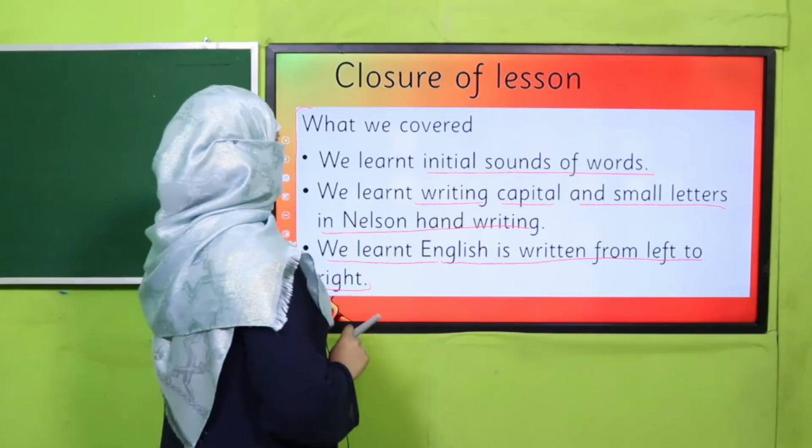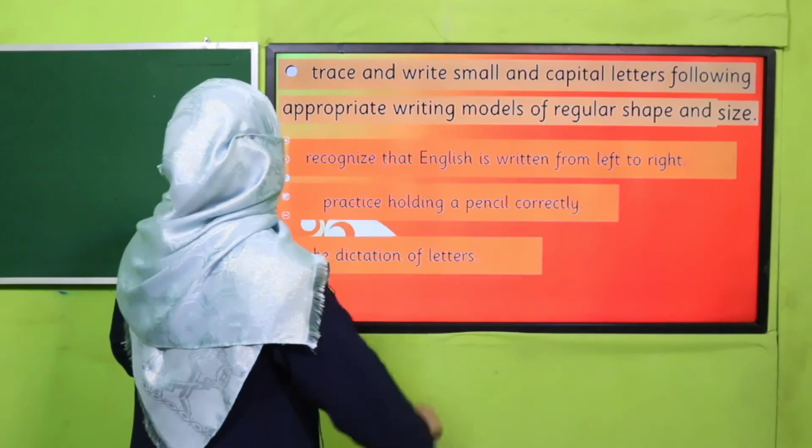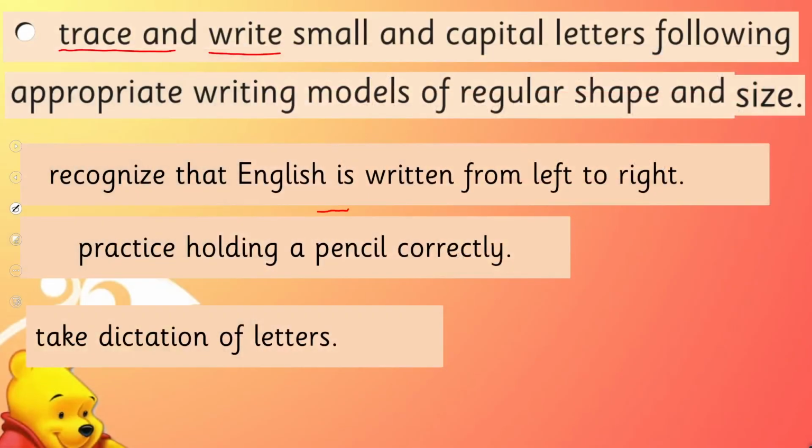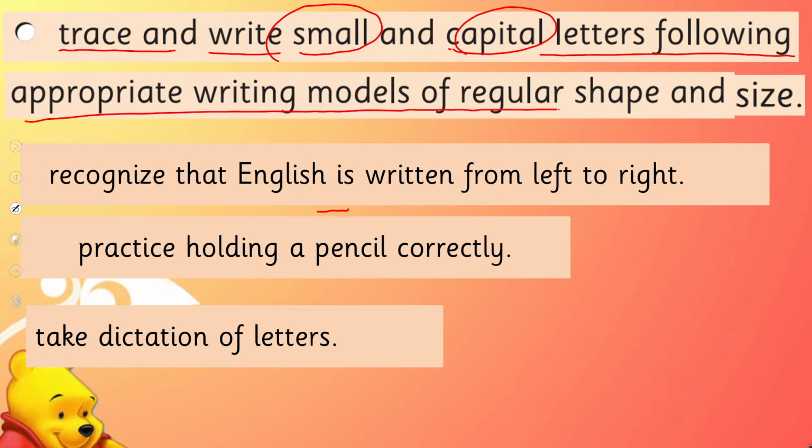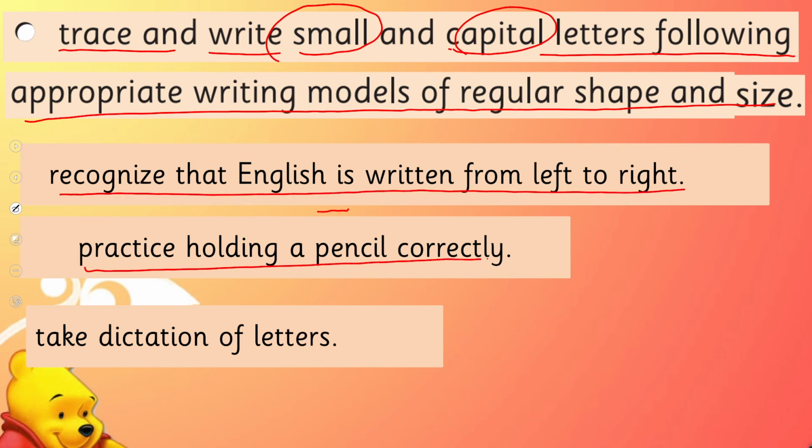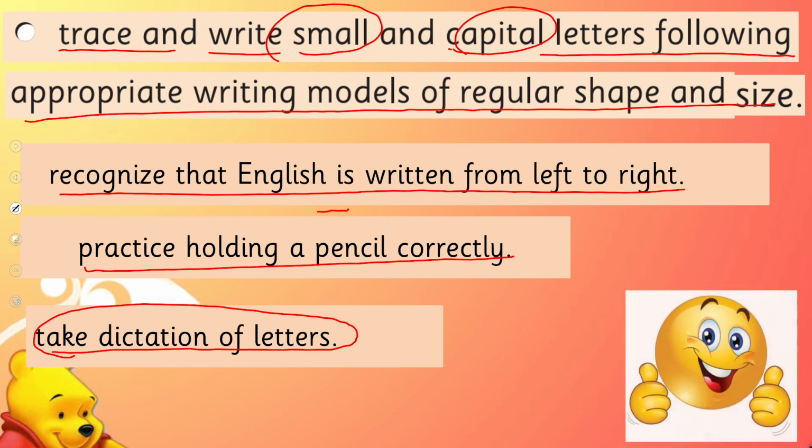So in this way, we achieved our today's SLO to trace and write small and capital letters following appropriate writing model of regular shape and size. Recognize that English is written from left to right. Practice holding a pencil correctly, and your teacher will take dictation of letters tomorrow.